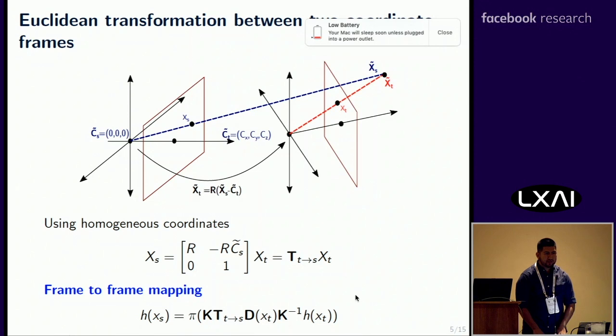Another important concept is the Euclidean transformation between the coordinate systems. In this case, we have the coordinate systems of a camera taken at 2 instants of time. So for a point x, we have a coordinate in the coordinate system at the position t, that is the red line with the red point.